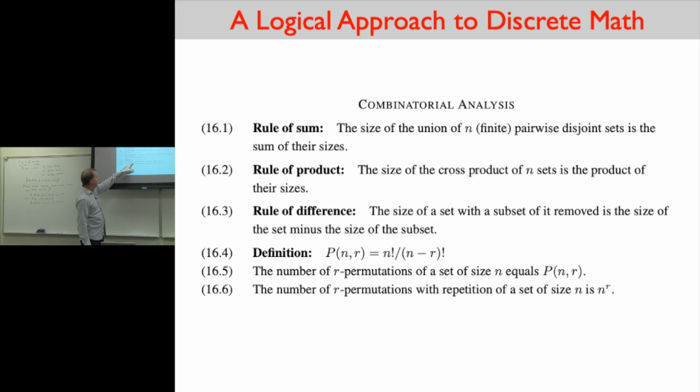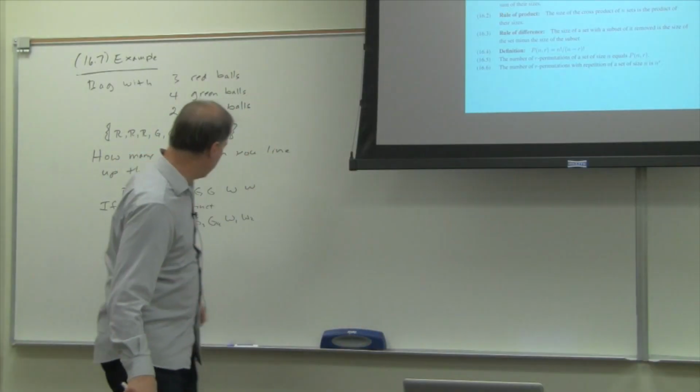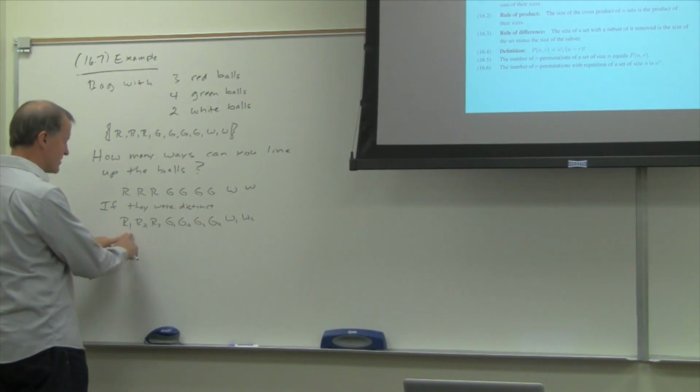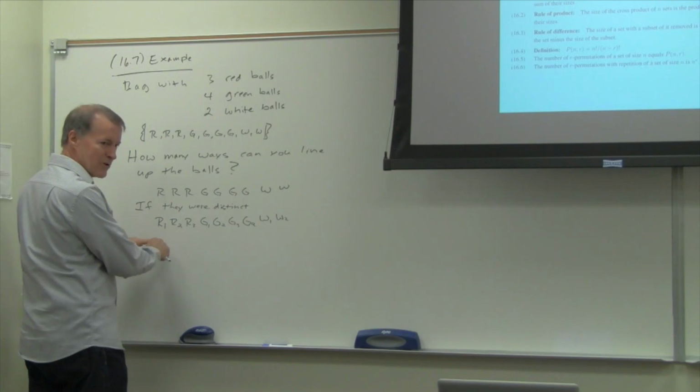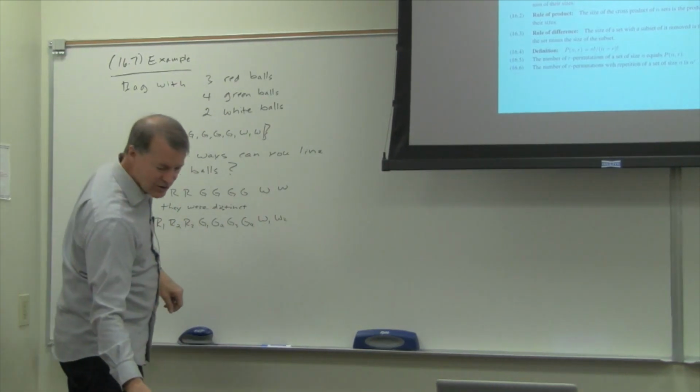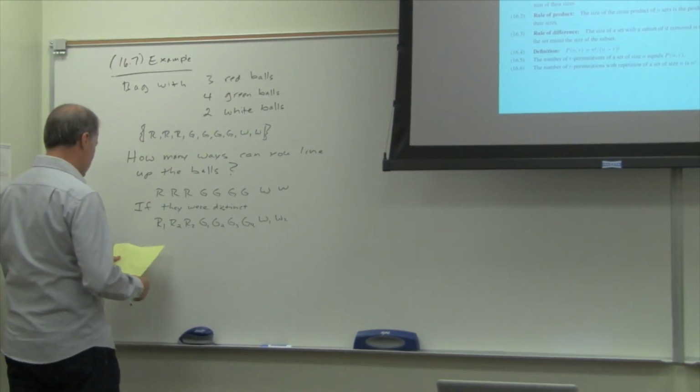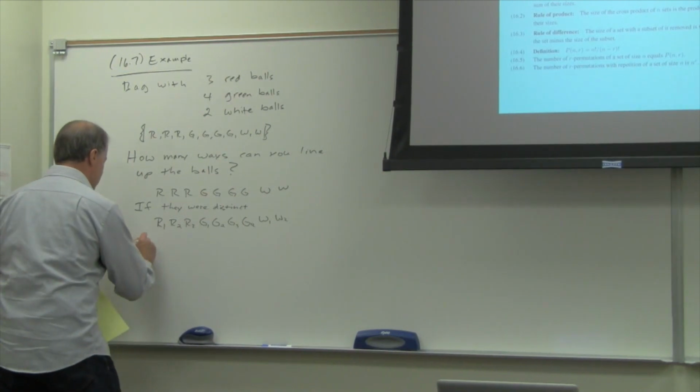So this would be 9 factorial divided by 9 minus 9 factorial. 9 minus 9 is 0, and 0 factorial is 1, so this would be 9 factorial. Another way of thinking of that is there'd be 9 ways to pick the first one, and then 8 ways to pick the second one. So if they were distinct, there would be 9 factorial ways.